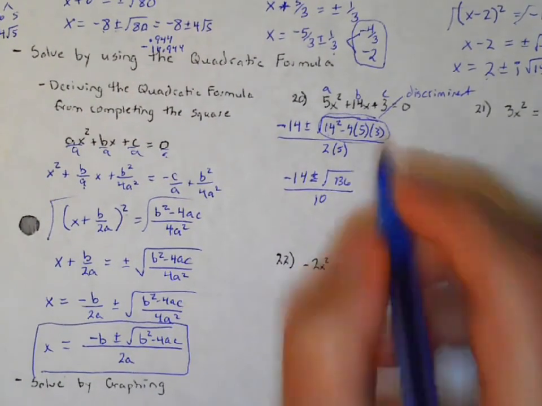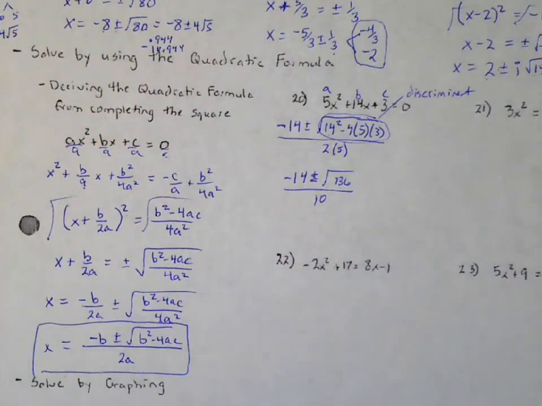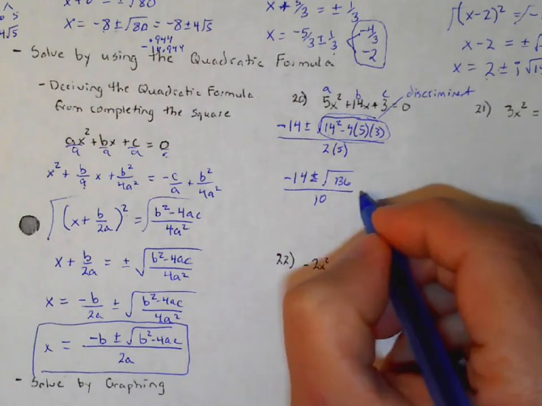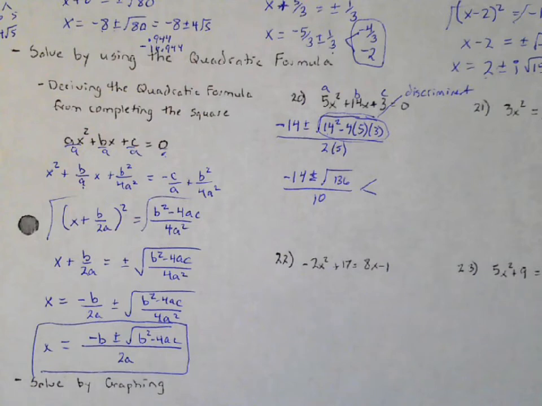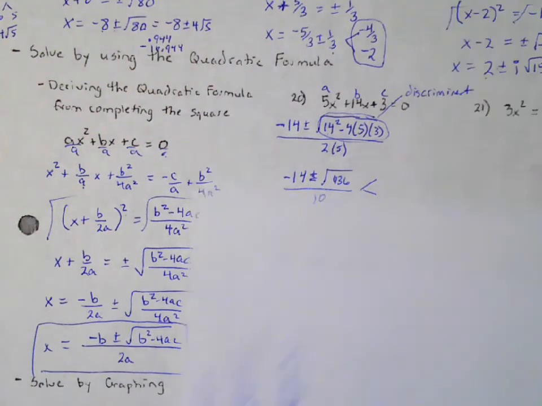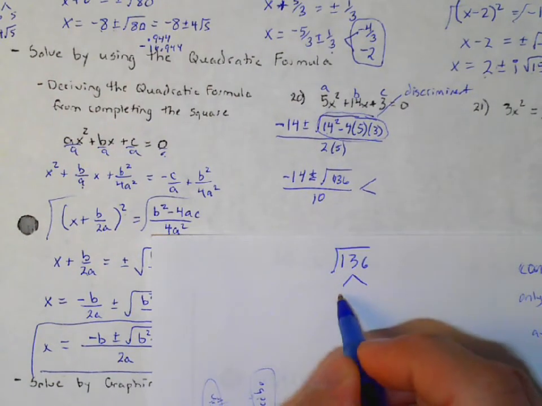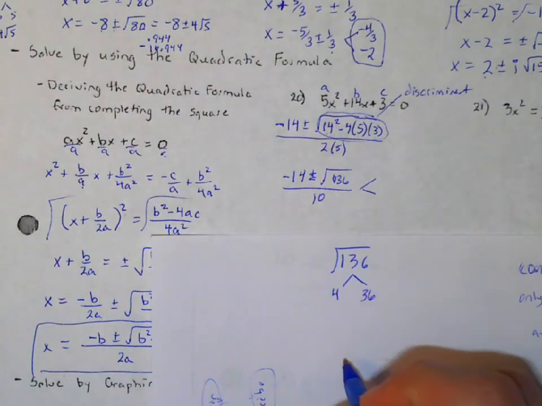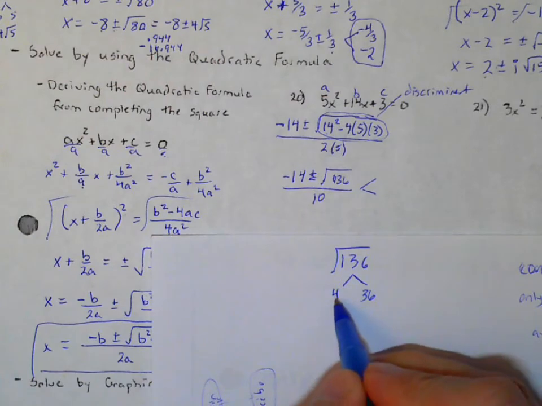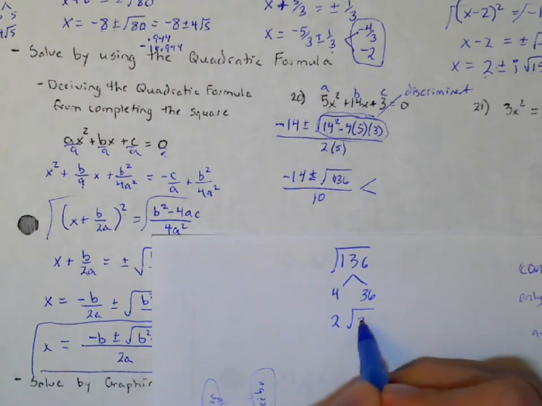And then from here, I'm okay if you put it into decimal form and give me the decimals, or what I would really prefer is if you simplified it. So 136, okay, the square root of it is 4 times 34. Okay, and the square root of 4 is 2, so we'd have 2 square root of 34.